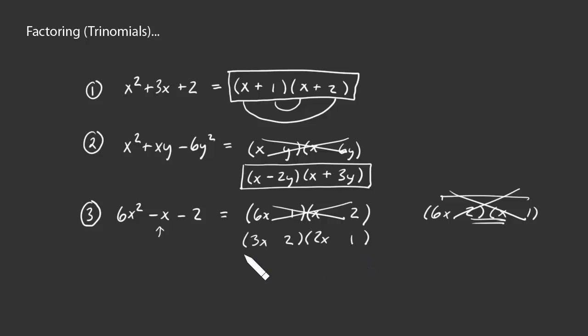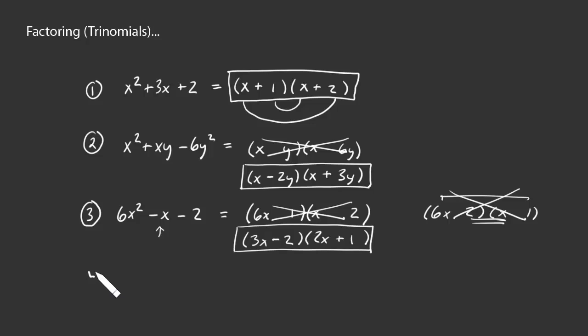Wait a minute. If I want a negative 1x, I could subtract the 4x and add the 3x. Voila! That works. 3x times 2x is 6x squared, minus 4x plus 3x is negative x, and negative 2 times positive 1 is negative 2. There's my factorization. And of course, neither one of those linear factors factored any further. Okay?